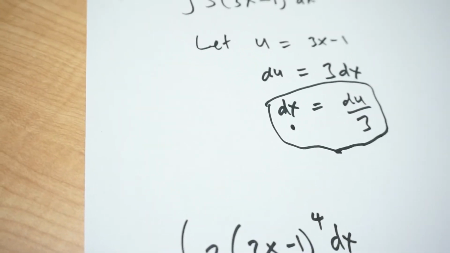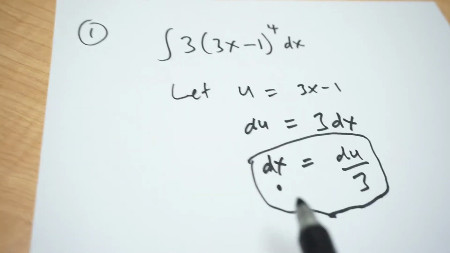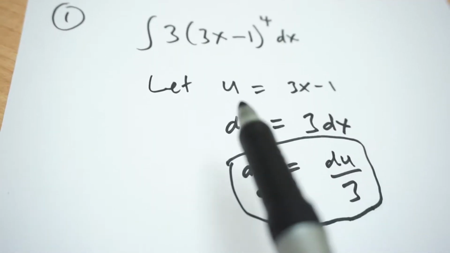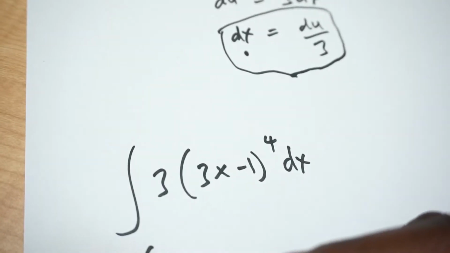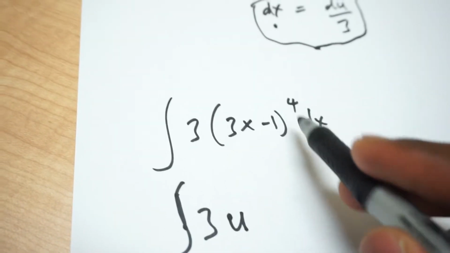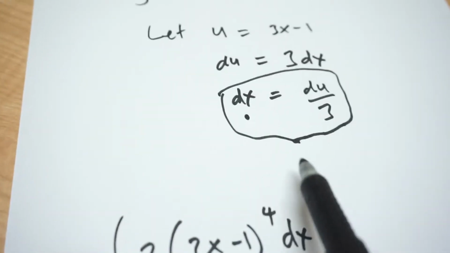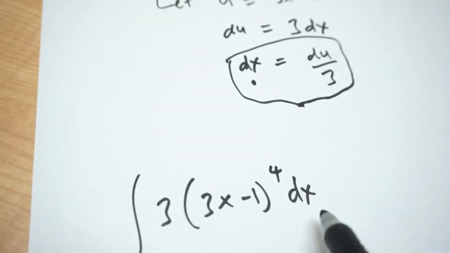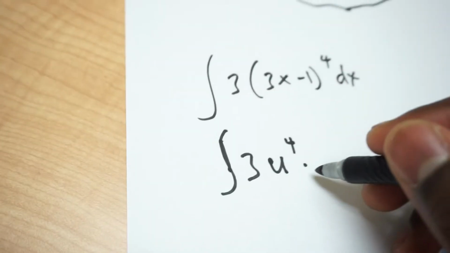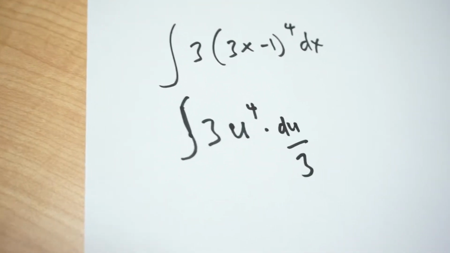Now, this whole term inside the parentheses, 3x minus 1, we let it be u, so I'm just going to indicate it as u to the 4. Make sure you put that right there. Times, there's a dx, which you just found here, so instead of dx you're going to write du over 3. So here I go, du over 3. Boom. And there you go, my people.